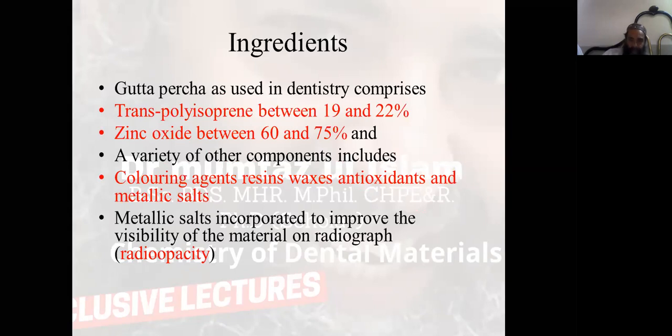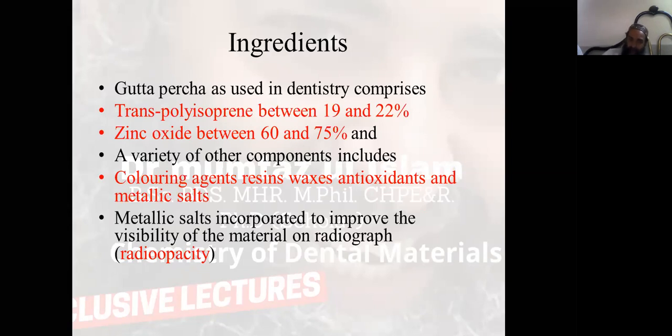Ingredients of gutta-percha which is used in dentistry are trans-polyisoprene between 19 and 22%, zinc oxide between 60 and 70%, and a variety of other components including coloring agents, resins, waxes, antioxidants, and metallic salts.